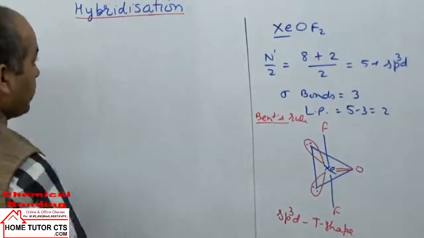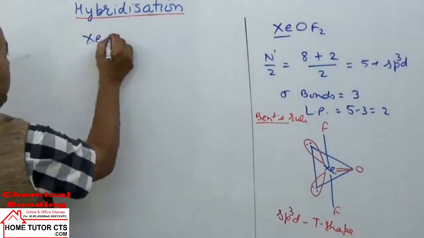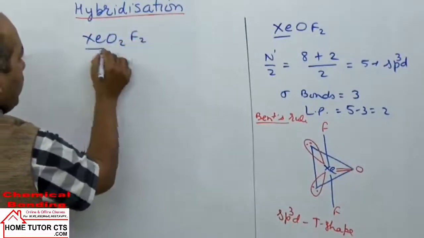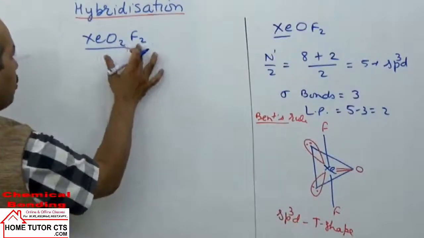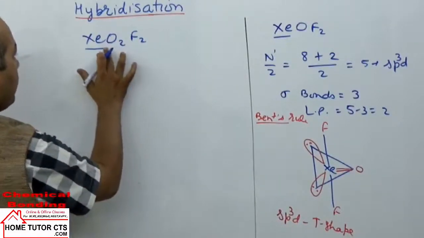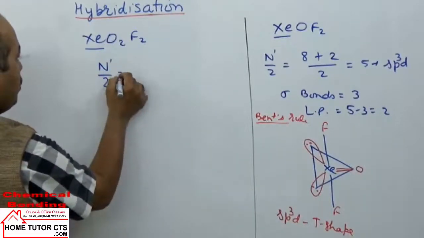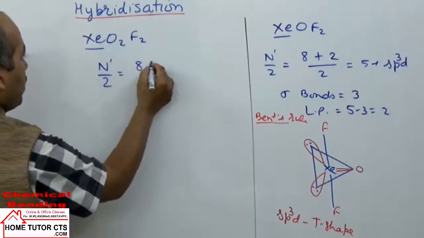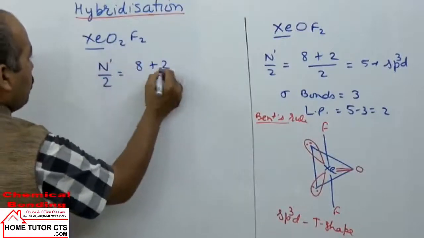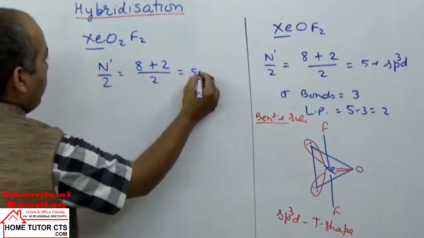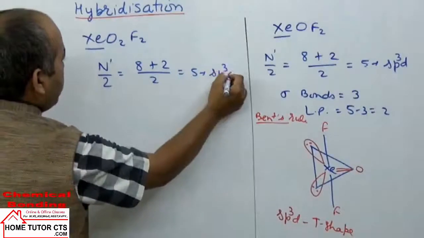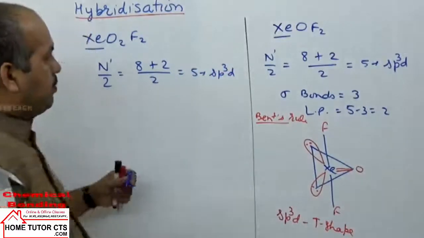Now the next example is XeO2F2. In this XeO2F2, which atom is the central atom? Again xenon. For xenon, what is the value of n dash by 2? Noble gas xenon has 8 electrons in the outermost shell, plus 2 fluorine by 2, that is 5. For 5 we have hybridization sp3d.